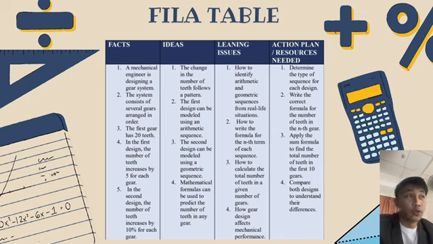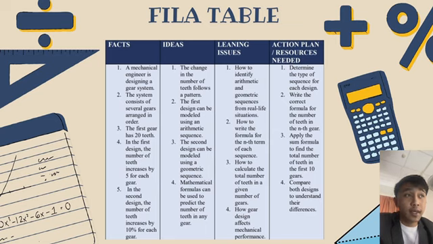For the learning issues, the first one is how to identify an arithmetic and geometric sequence from a real-life situation. Second, how to write the formula for the nth term for each sequence. Third, how to calculate the total number of teeth in a given number of gears. And the last one is how gear design affects mechanical performance.